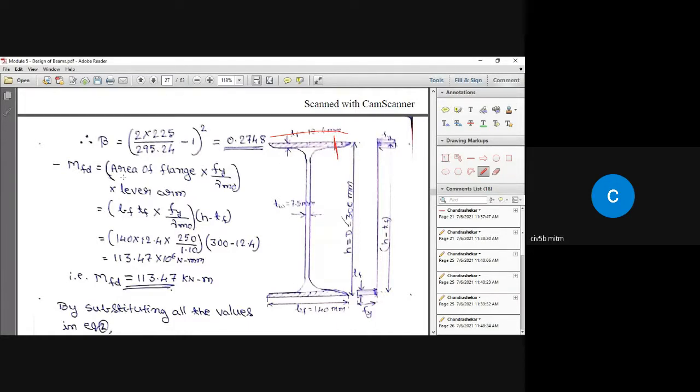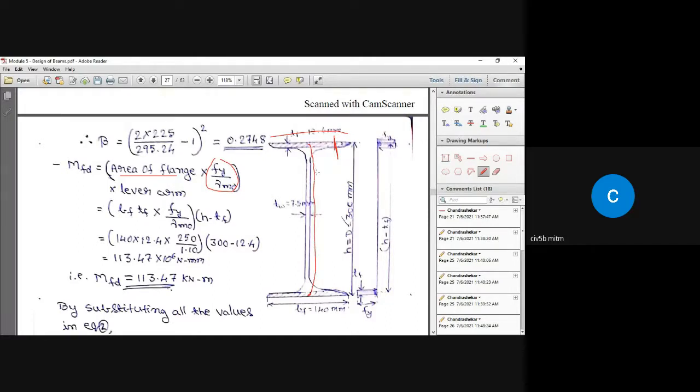That will give you the flange area, multiplied by the design stress will give you the compression or tensile force. Magnitude wise, they are one and the same. Multiplied by the lever arm. Lever arm is the distance from the centroid of this area to the centroid of the area below.